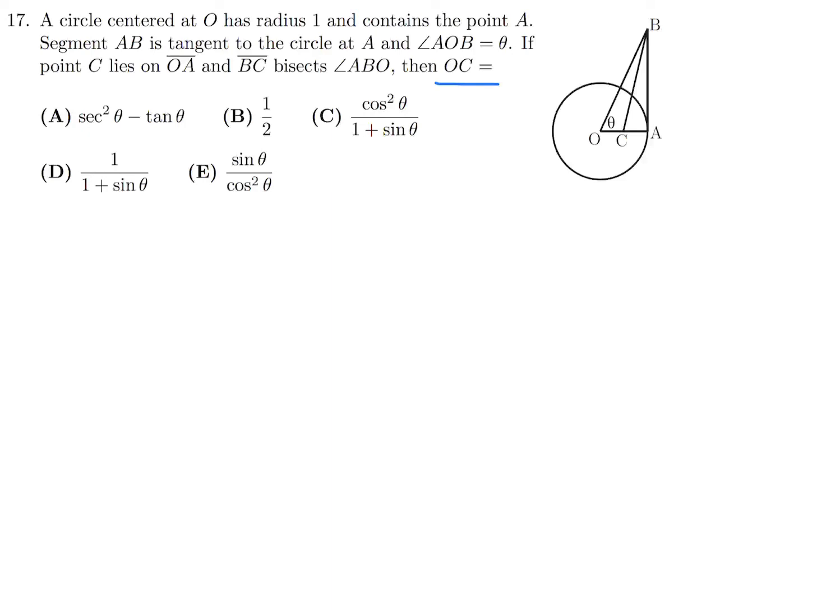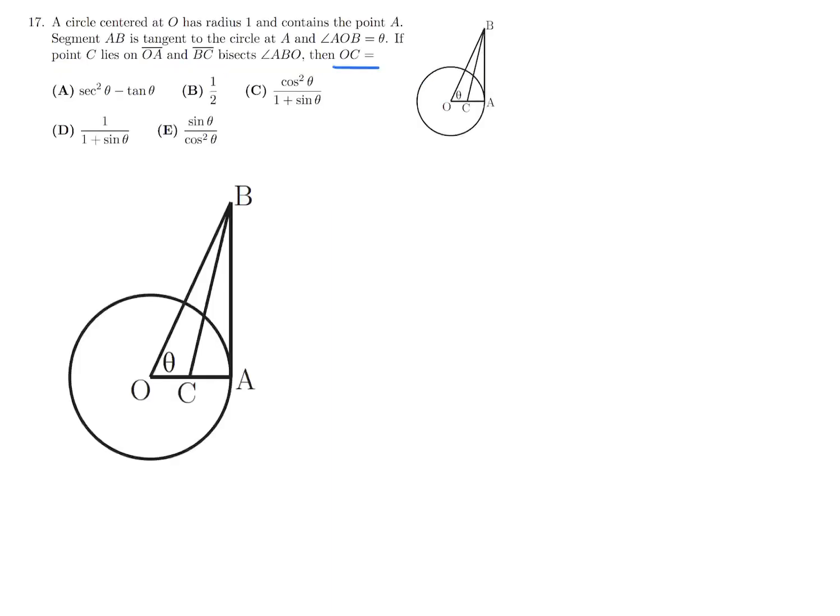All right, let's draw this out a little bit bigger. So we're going to have to label this. OC is what they want us to figure out, so let's call that x. And then they tell us that AOB is theta, and they've already labeled that.